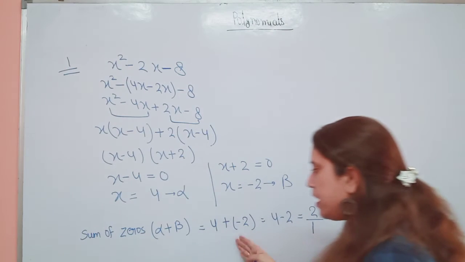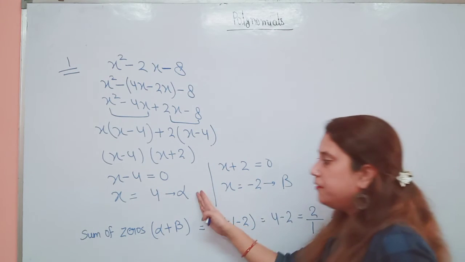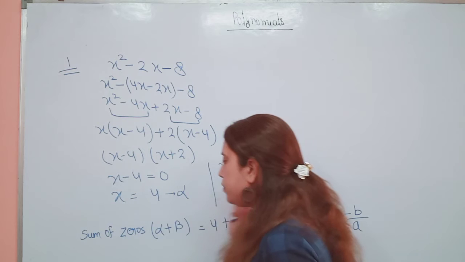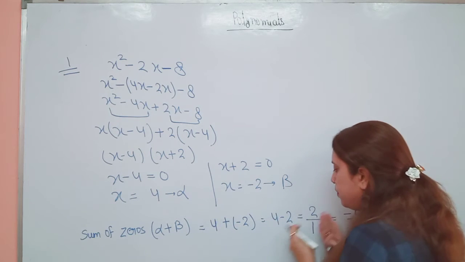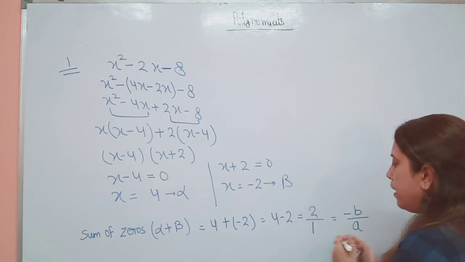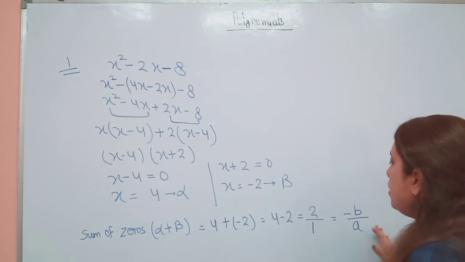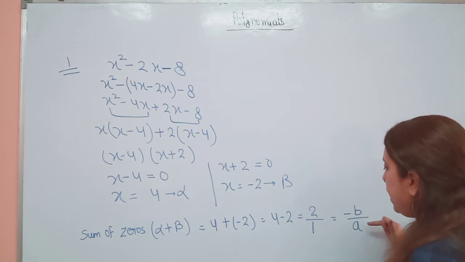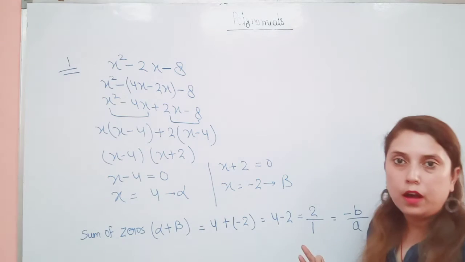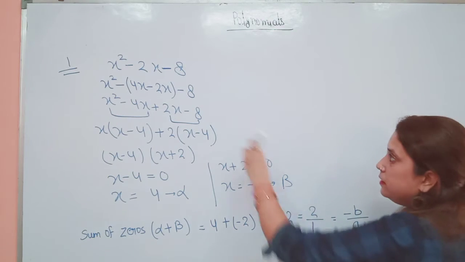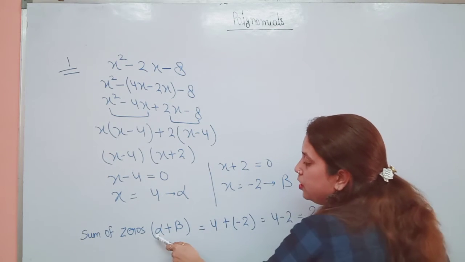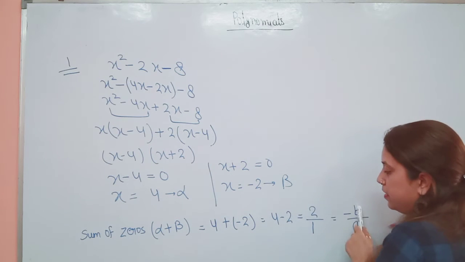Sum of zeros alpha plus beta, the values of zeros alpha and beta, add them, it will come 2, 2 upon 1, and after that compare with the expression minus b upon a. Minus is in the formula. Sum of zeros alpha plus beta is minus b upon a.